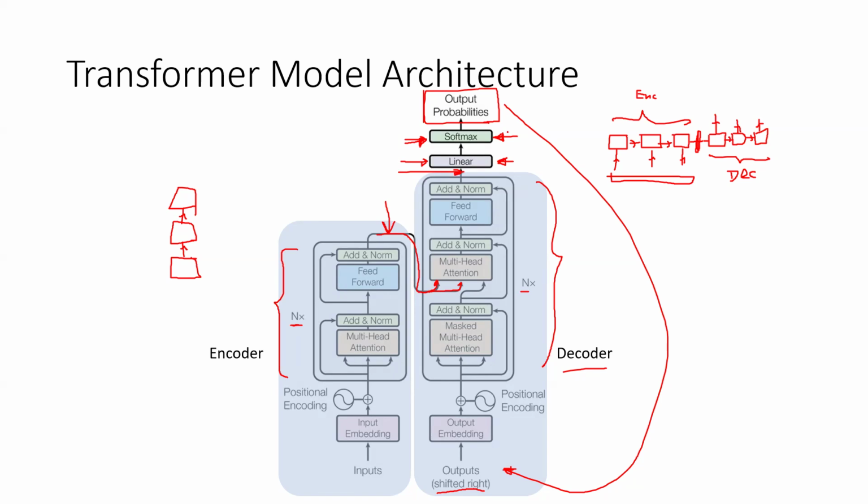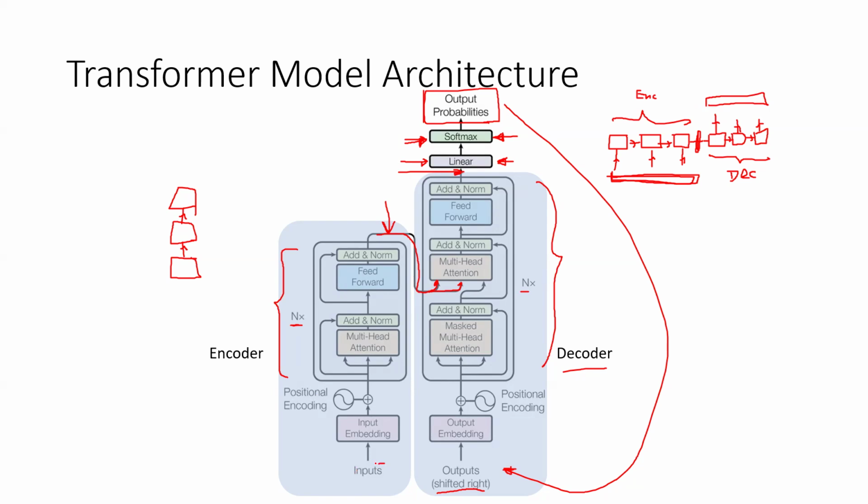In this initial paper, the transformer model is introduced for natural language translation purposes, where you give a certain text in a certain language and it is translated into another language.